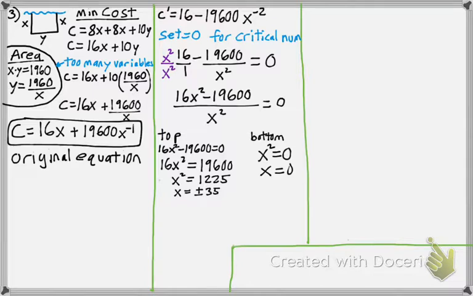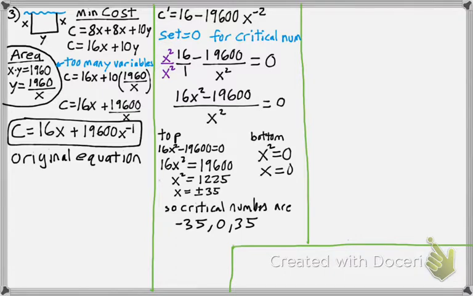So my critical numbers are negative 35, 0, and 35.